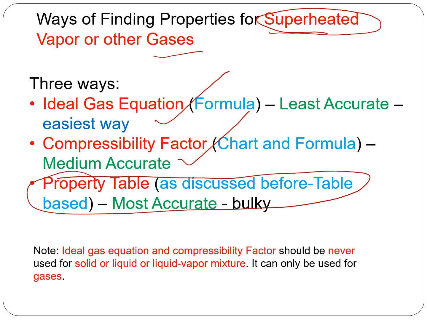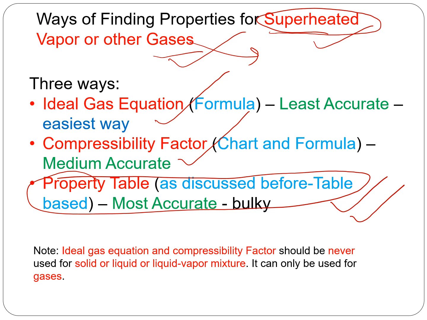These are the three possibilities, and we already know how to find the property for a superheated vapor. Gas means it exists in only one phase, remember. So if it is a gas like nitrogen, don't try to look where it lies, because you already know it's all just gas. So it's like superheated.